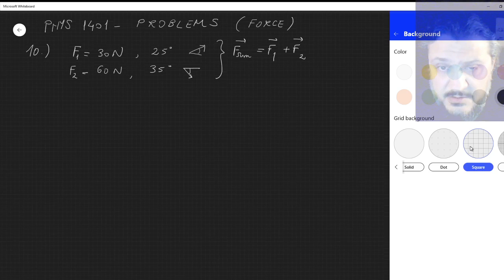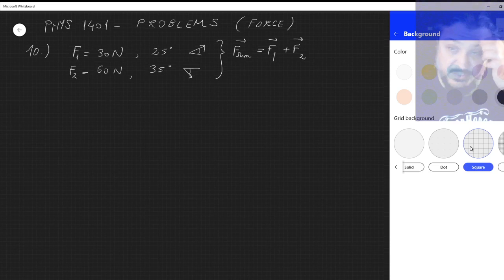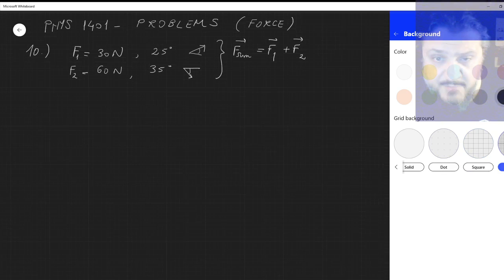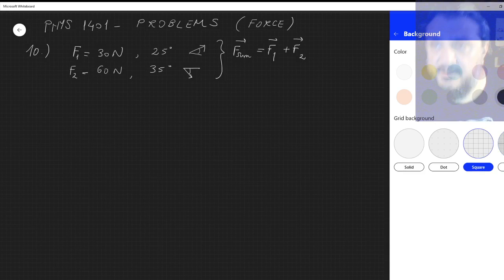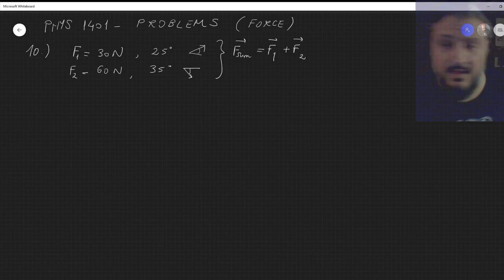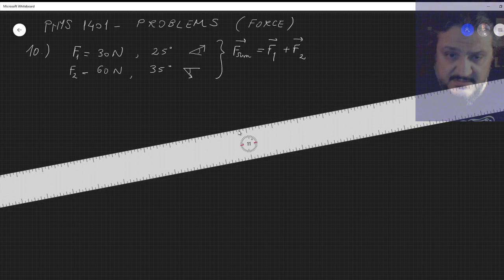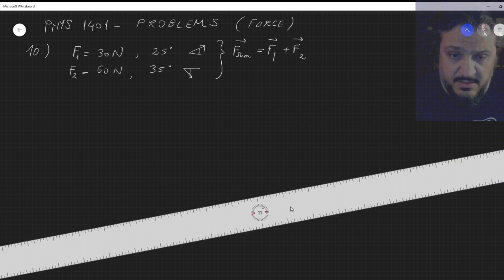There's square. Okay, square should work. These look larger, so let's just stick with this one. And for a protractor, well, we have this ruler here. I'm going to use the ruler.